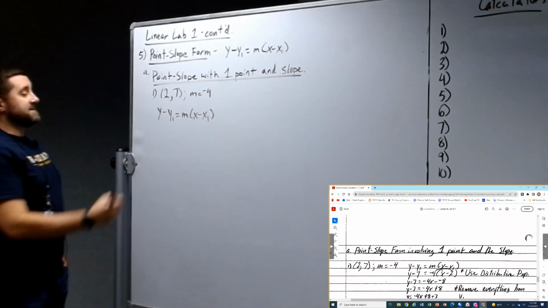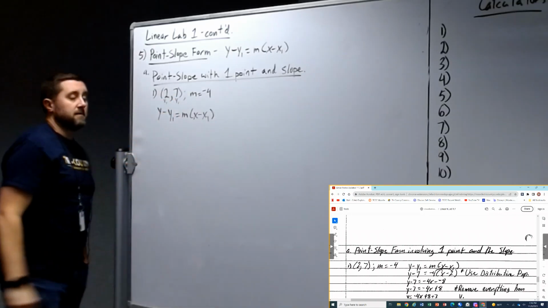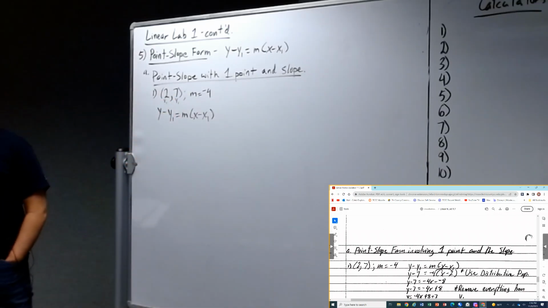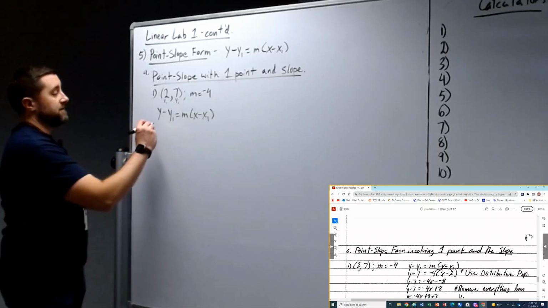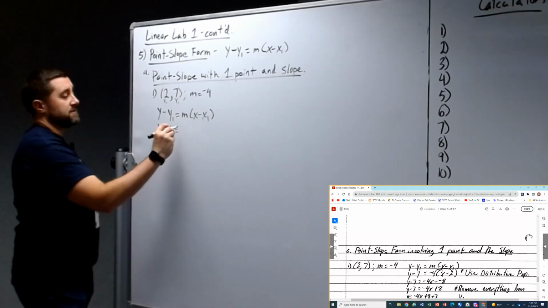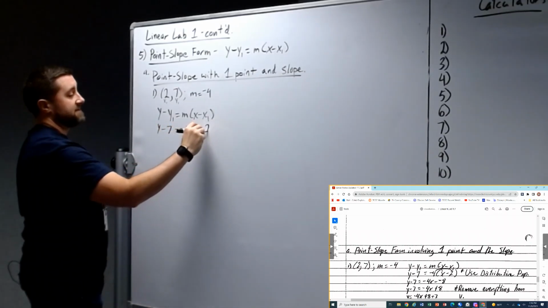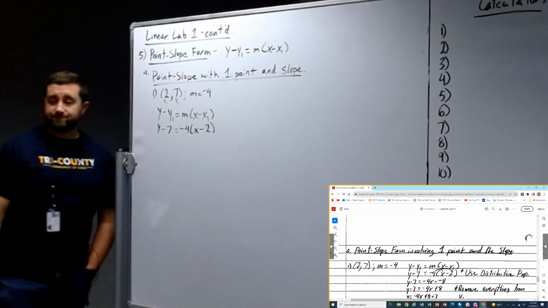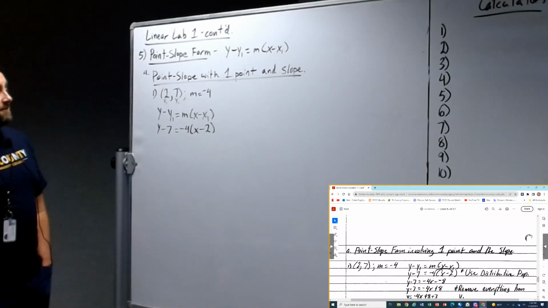It still helps if you label your x1s and y1s and x2s and y2s if they're there. So we've got y minus 7 is equal to -4 times x minus 2. Okay? Everything has now been substituted in.